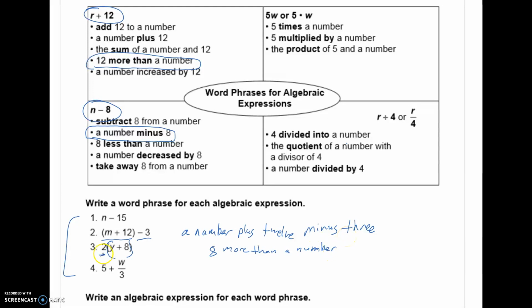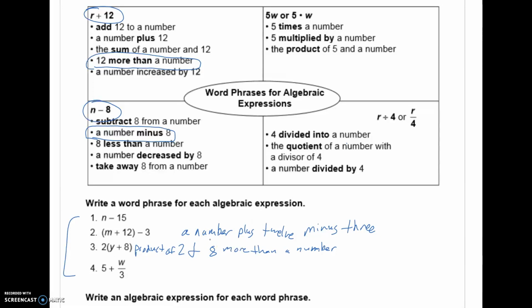But then we also have to remember to put in our times 2 right here. So you could write 2 times 8 more than a number, or 2 multiplied by 8 more than a number. Or we could say the product of 2 and 8 more than a number.